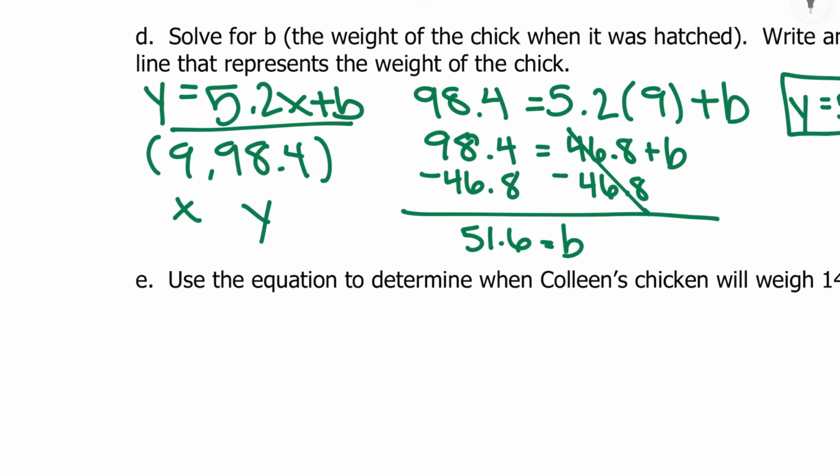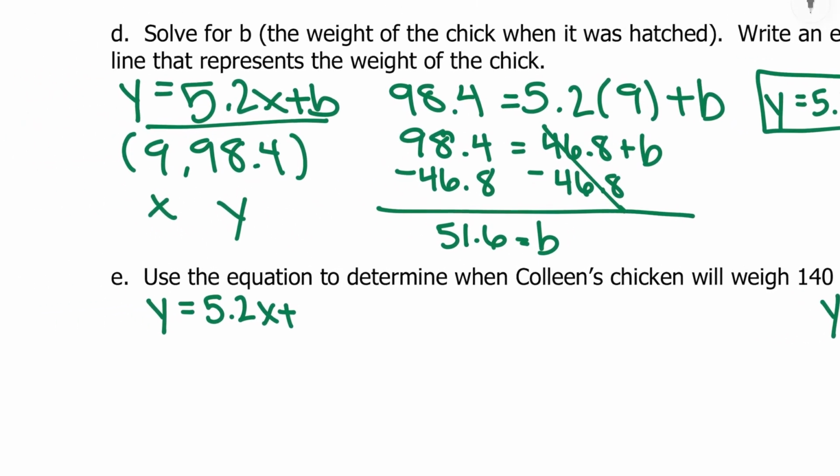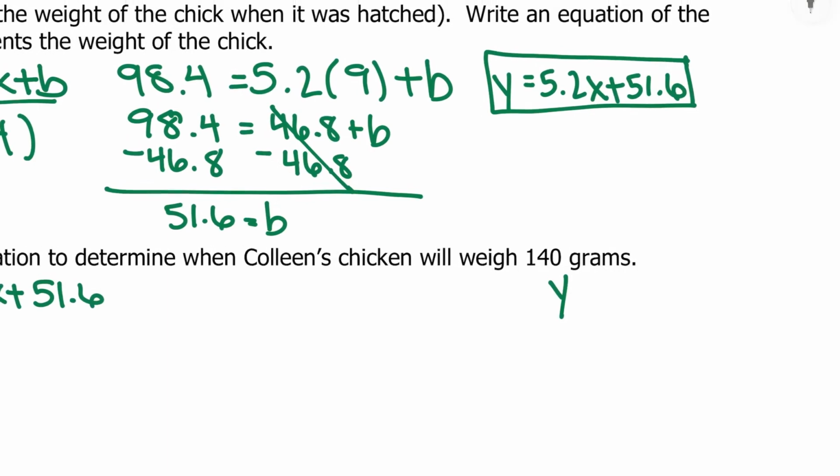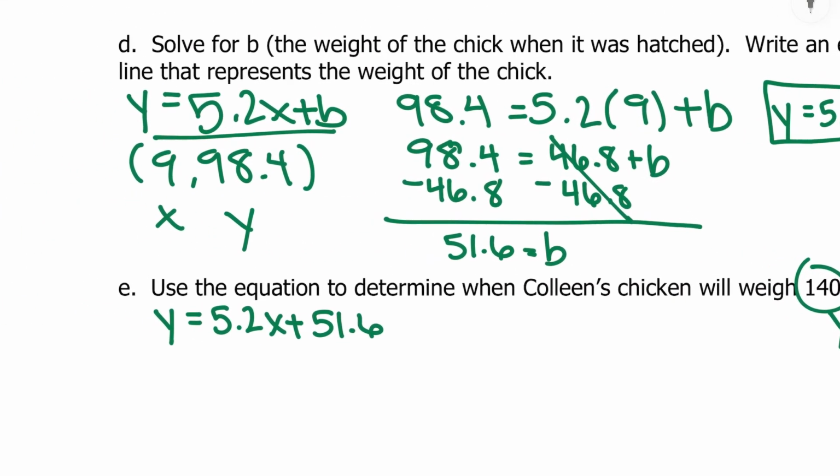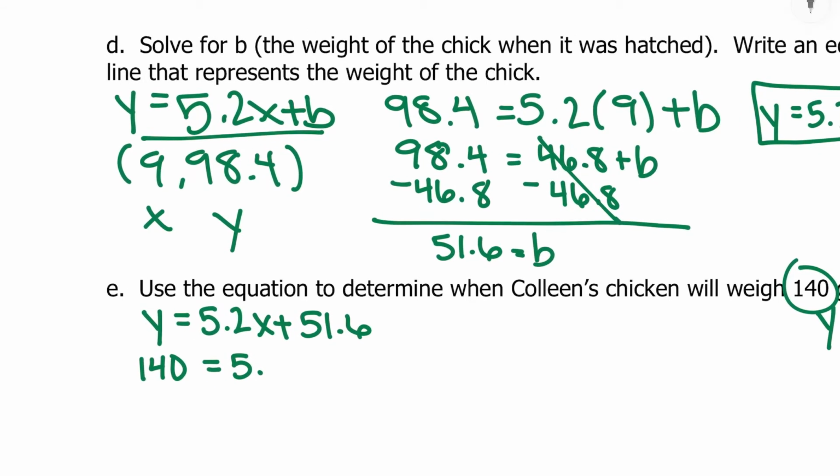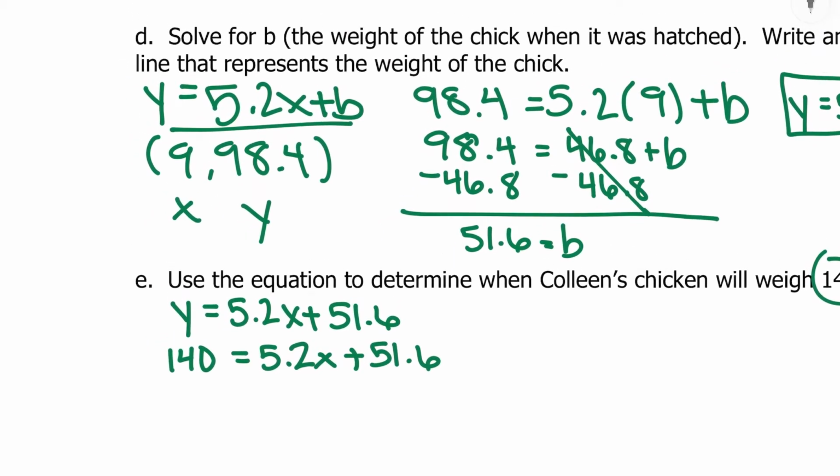So when I write my equation, y equals 5.2x plus 51.6, if I already know my y value and I want to know my x, because x is the time, I'm going to plug my y in for y. So 140 equals 5.2x plus 51.6. Then I'm going to solve for x, so I need to take away 51.6 from both sides because I am currently adding it.